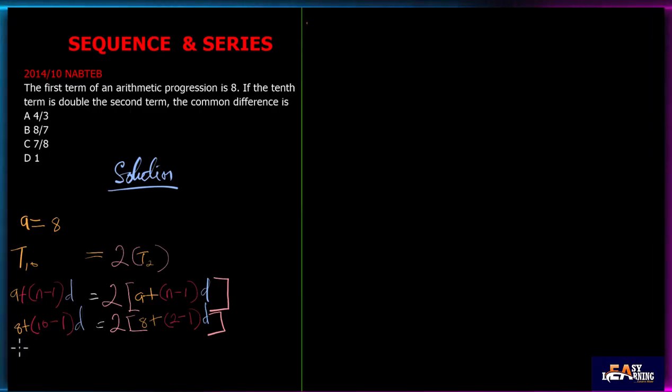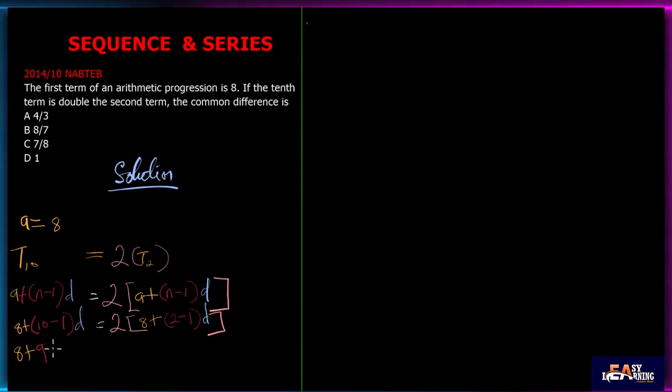Now we can bring down our 8 here plus 10 minus 1 is 9, and 9 times d will give us 9d. Let's write it properly.